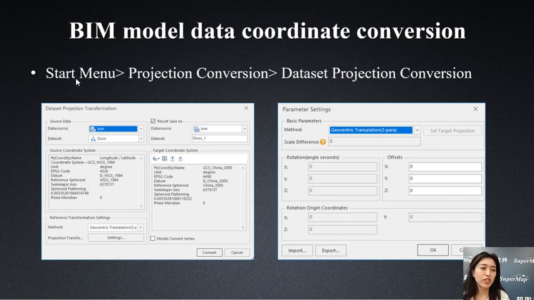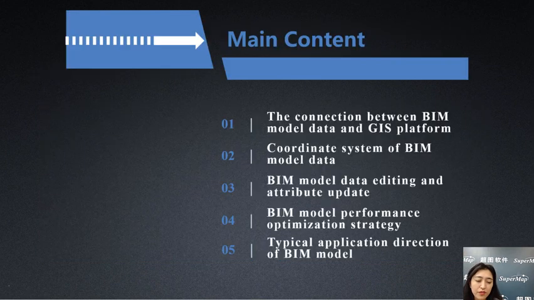That is in the start menu, the projection conversion, and you could click the data source projection conversion, and set its 3 parameters or 4 parameters to convert your coordinate system to latitude and longitude. So that's how to do the projection conversion. And then let's look at BIM model data editing and attribute update.